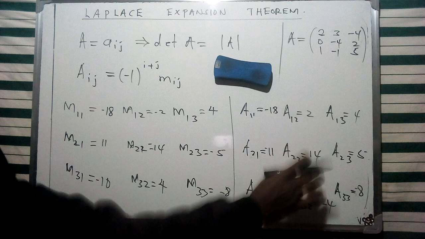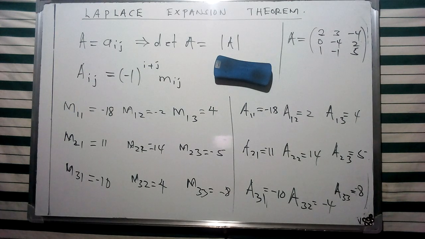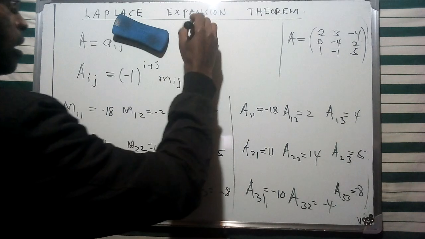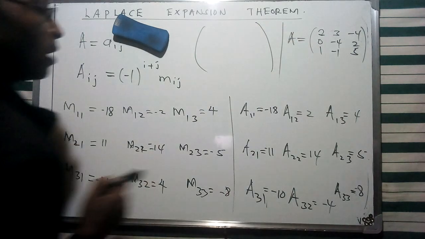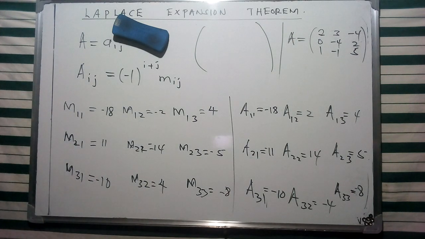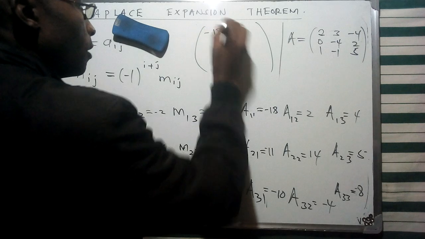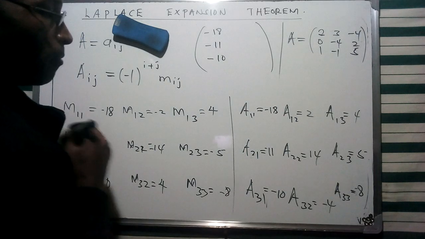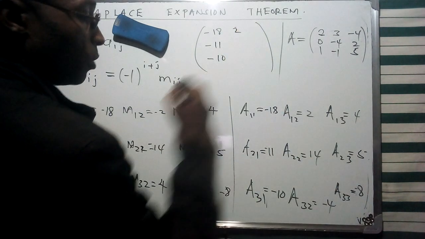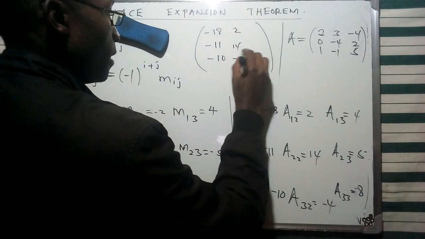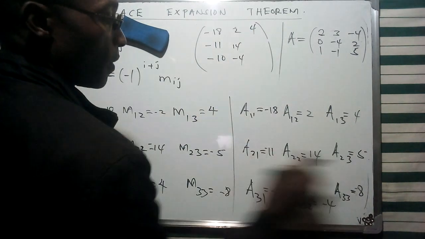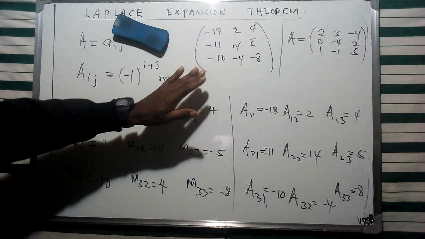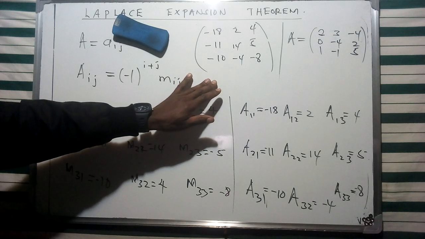So this array of numbers can be arranged in terms of another matrix, which is a matrix of cofactors, in terms of 18, negative 11, negative 10. So that's going to form our first column. The second column is going to be 2, 14, negative 4, 4, 5, negative 8, and this is a matrix of cofactors given in that specific order.